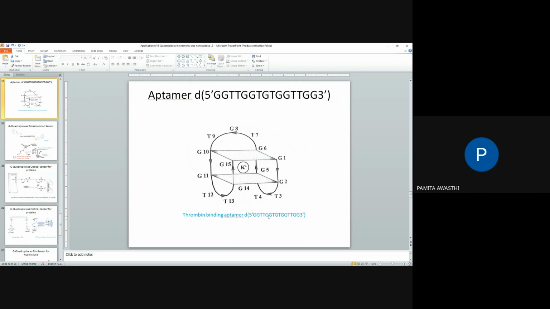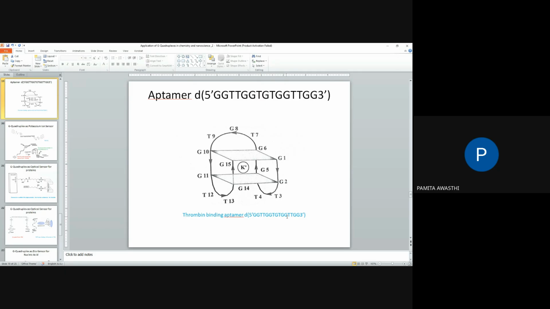So this nucleotide, or we also call it an aptamer, shows a high affinity and selectivity to the protease thrombin, which is an enzyme crucial in blood clotting.